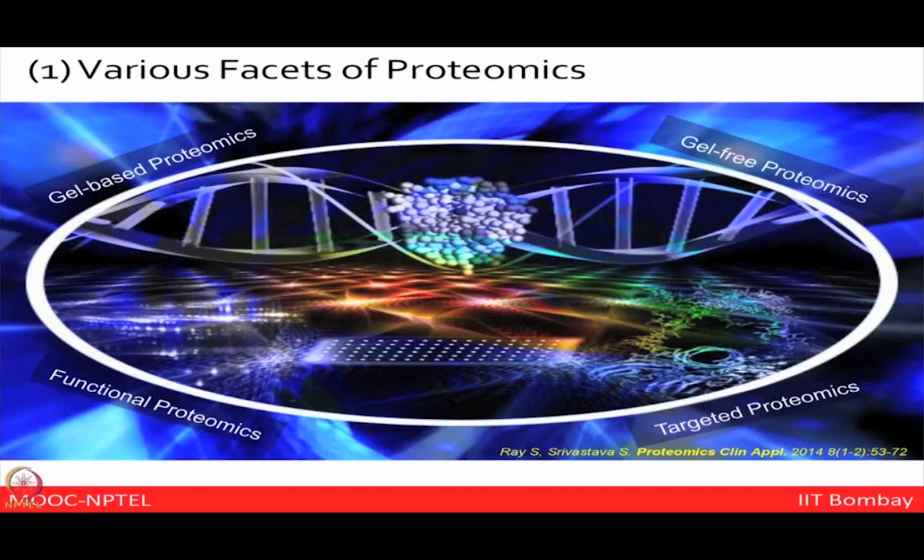So, one could say that there are various facets of proteomics, starting from the beginning of the proteomics field, which started with gel based proteomics, or gel free proteomics, which is predominantly based on mass spectrometry and various label free biosensors, or functional proteomics where you want to study the function of the given protein, or targeted proteomics where you want to target a specific protein or peptide sequence and do their validation in a high throughput manner.